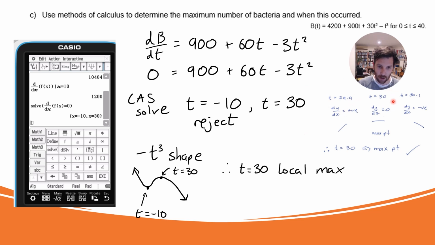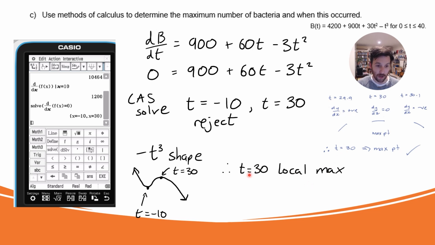So at t equals 30, we've got a gradient of 0. Just to the left of that, we've got a positive gradient. Just to the right of that, we've got a negative gradient, meaning that we're going to have a maximum at that point. So if you want a diagram like this, great. If you prefer a sign diagram, great. Either for year 11 at least, either is okay.